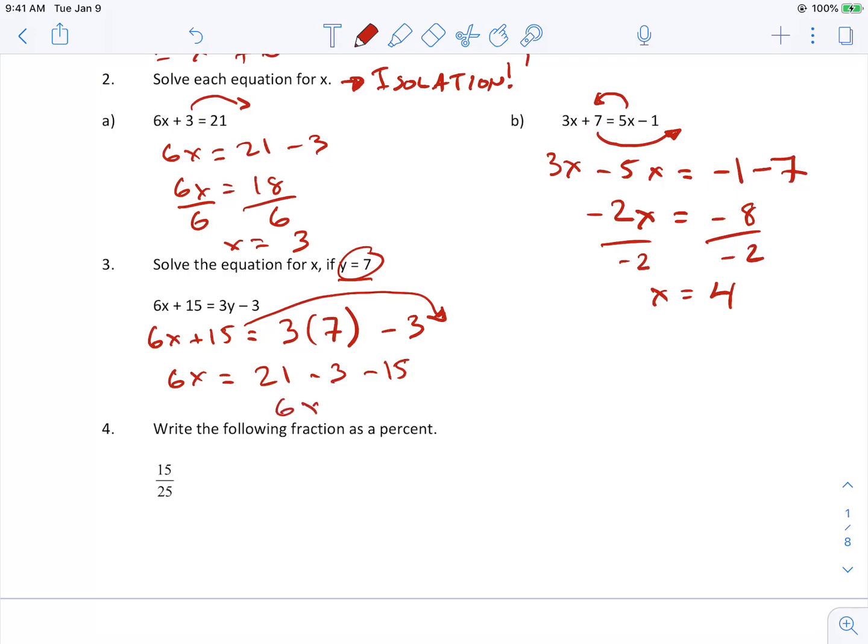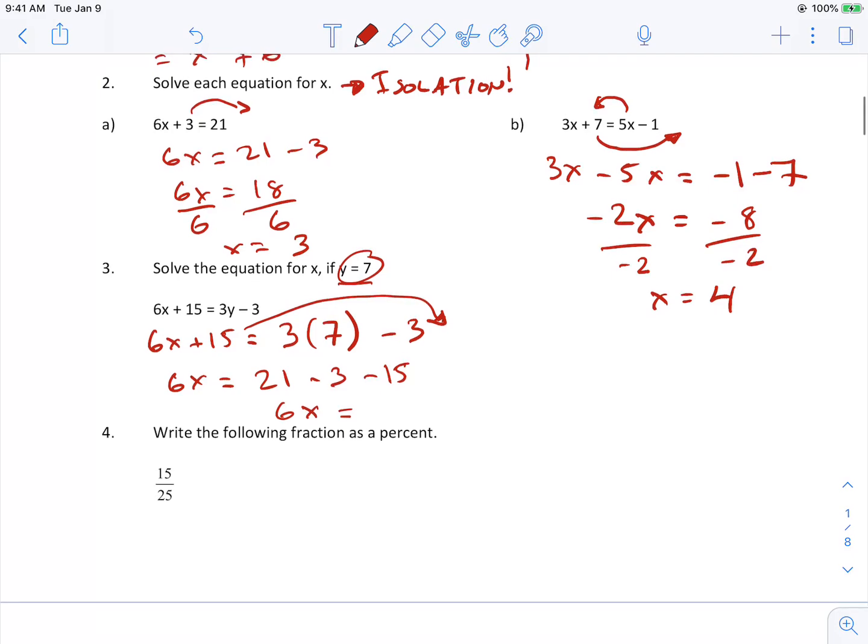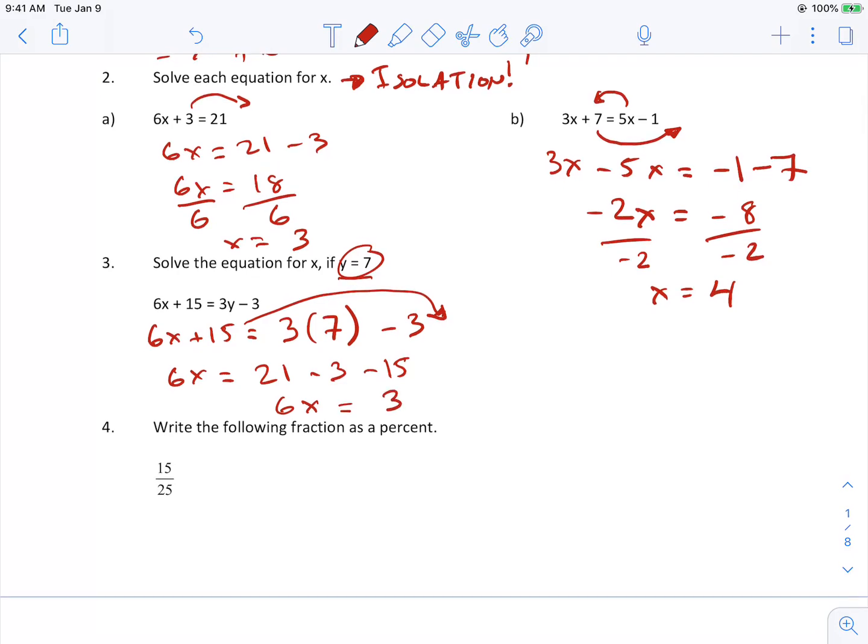So we do that, we get 6x equals 21 minus 3 is 18, minus 15 is 3. So we get 6x equals 3, and now we need to isolate for x. Divide this side by 6, divide this side by 6, and we get x equals 3 divided by 6. On your calculator, it's going to give you 1 divided by 2, or 0.5.